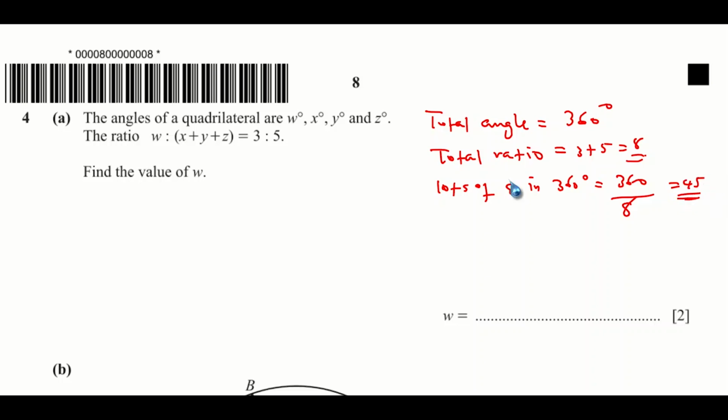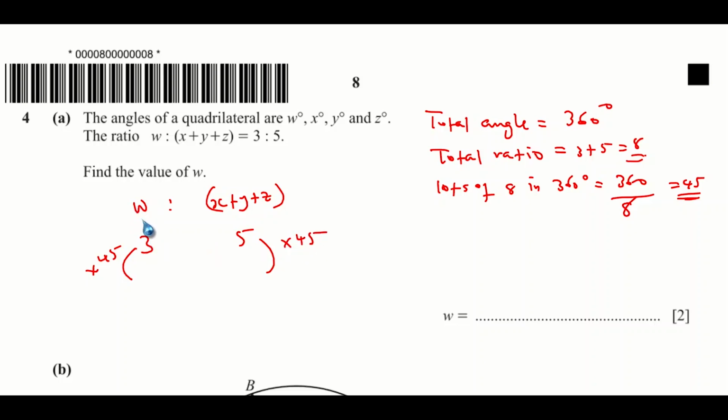So we can say that w ratio x plus y plus z, this is the second quantity, is 3 to 5. Since we have 45 lots in 360 degrees, this will be times 45.